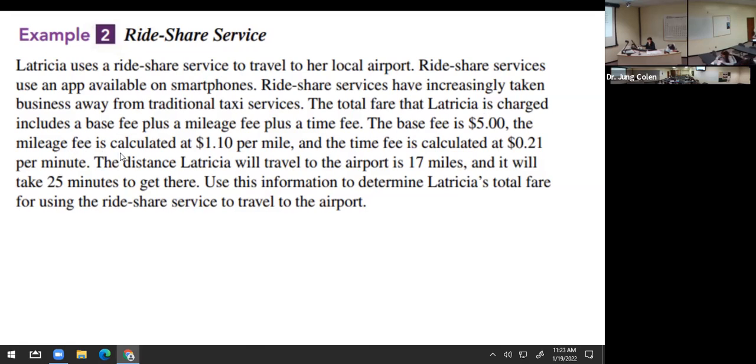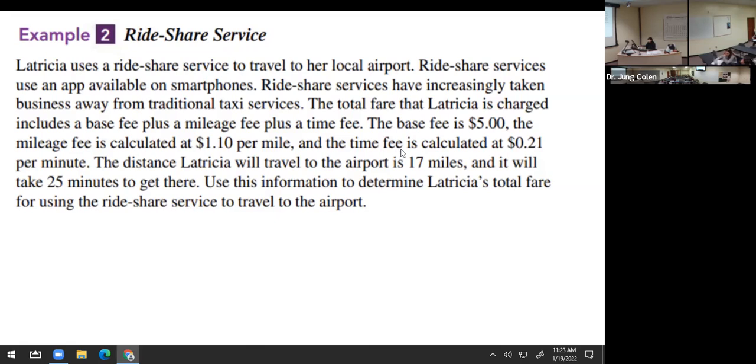The mileage fee is calculated at $1.10 per mile. What does that mean? If you go 1 mile, you pay $1.10. If you go 10 miles, times 10. If you go 100 miles, times 100, and so on. So it depends on how many miles you go, right? So it can increase. How about the time fee?